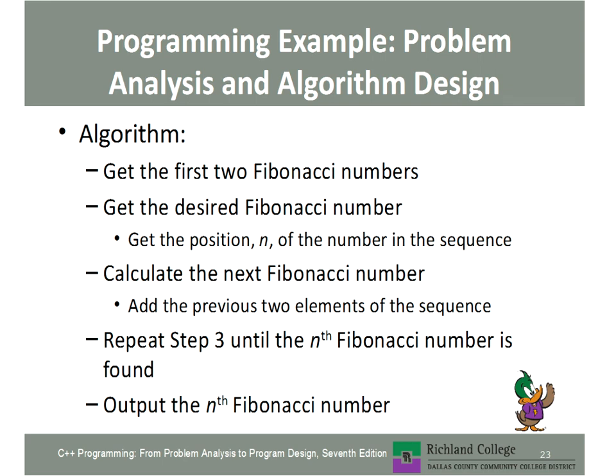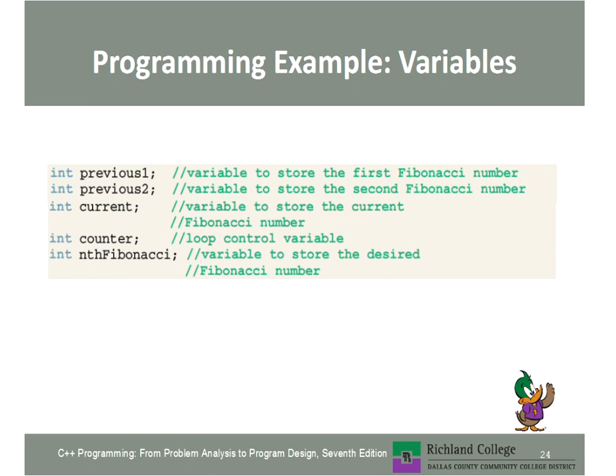Well, the algorithm would be to get the first two Fibonacci numbers and then get the desired Fibonacci number, which is the end position, and then calculate the next Fibonacci number. How do we do that? Add the previous two elements, and then repeat until the nth Fibonacci number is found, and then output the nth Fibonacci number. Right, so that's going to be kind of like a pseudocode.